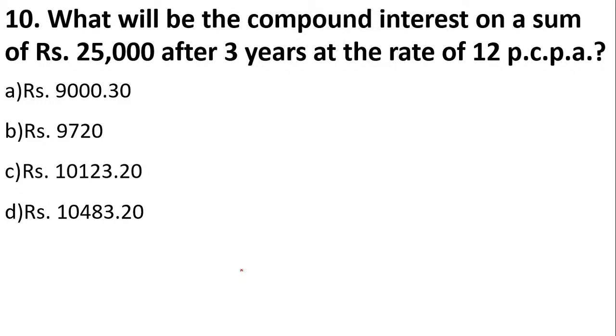So again, this question is on compound interest. We have practiced a lot of questions today. What is the formula of amount? You all know now what is the formula of amount. Amount is equal to principal into 1 plus r upon 100 to the power of n.